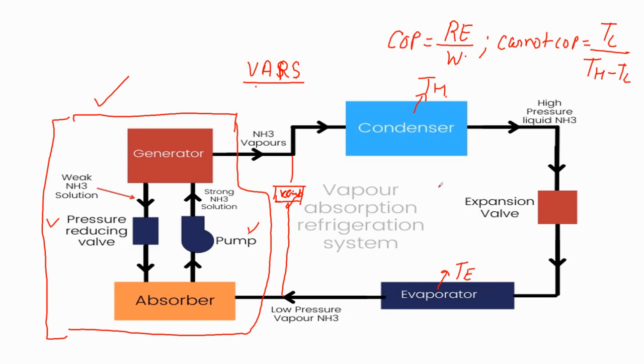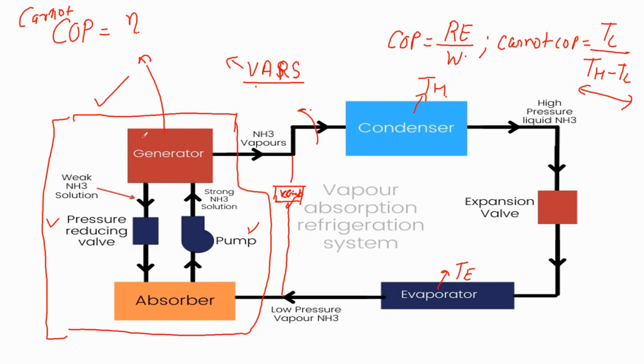Now, what happens in the VARS cycle? The COP gets modified. It is very important you remember that the overall Carnot COP is the product of this COP and the efficiency of this part of the system.